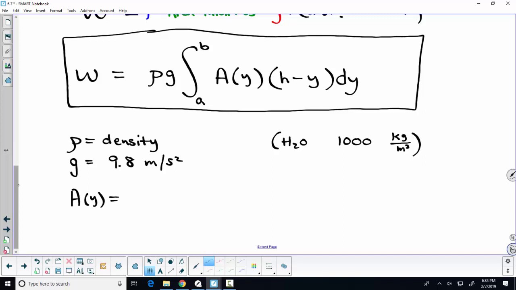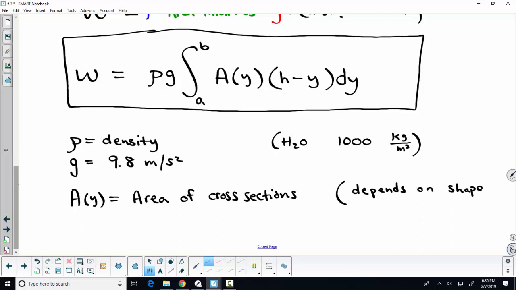A of y are the areas of the cross sections. The area of the cross sections varies; it depends on the shape of the tank or the vessel or the container, whatever that happens to be.